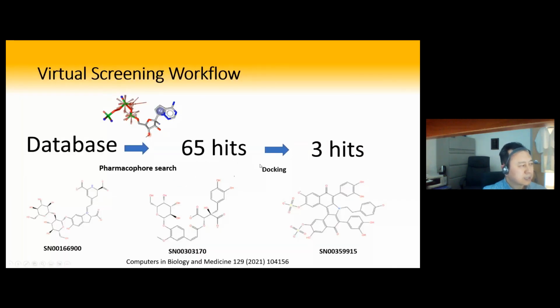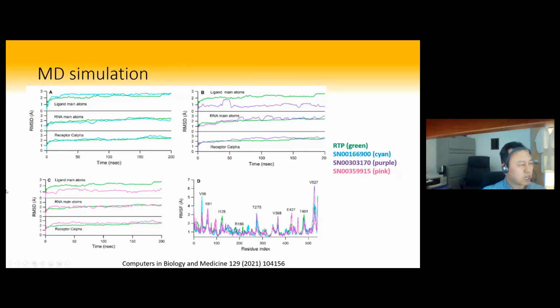With that, we used some defined pharmacophore models to do the virtual screening, and in the end we selected 3 picks. With the 3 picks, we wanted to verify them in the protein structure model. So we did MD simulation and verified their stability and characterized their flexibility, all those things, to see if that's a good candidate. The answer is yes.